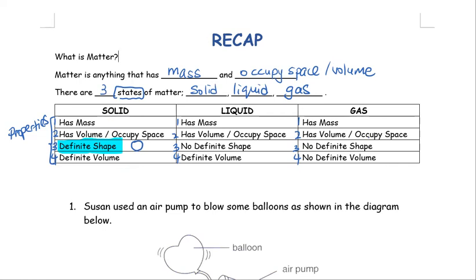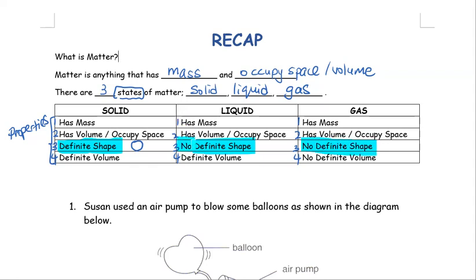But liquid has no definite shape. If you put water into a cup or onto the table, or into a round container, the shape will change depending on the shape of the container. So it takes the shape of the container. Likewise, gas has no definite shape.